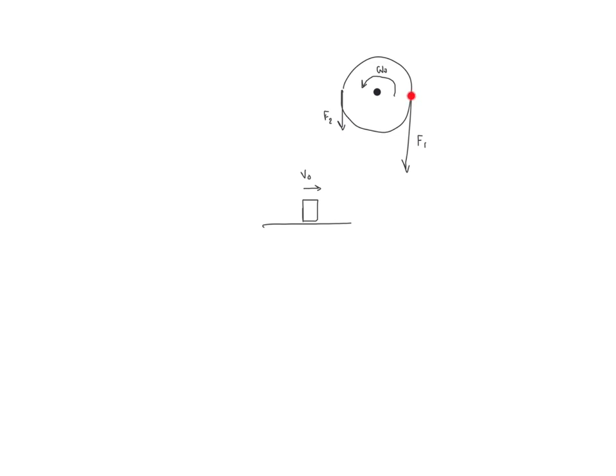Now you're having these two forces that are acting on this disk, and those two forces create a torque. The torque of this force, which is pulling it clockwise, is greater than the torque of this force, which is pulling it counterclockwise. Remember, clockwise is negative, counterclockwise is positive. So you have a bigger negative torque than a positive torque, so the overall net torque is negative.